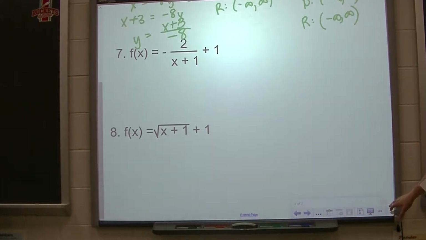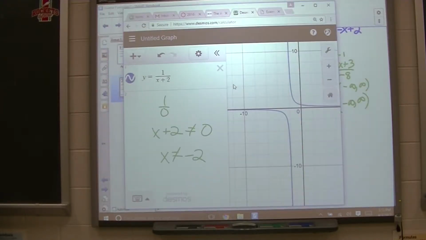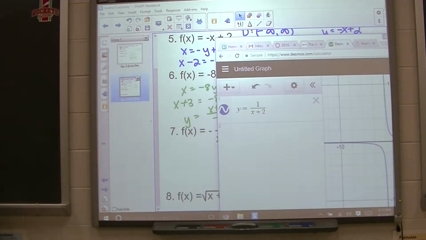So we're going to have to graph it. It's going to be negative 2 divided by x plus 1, plus 1. So let's go to Desmos here.